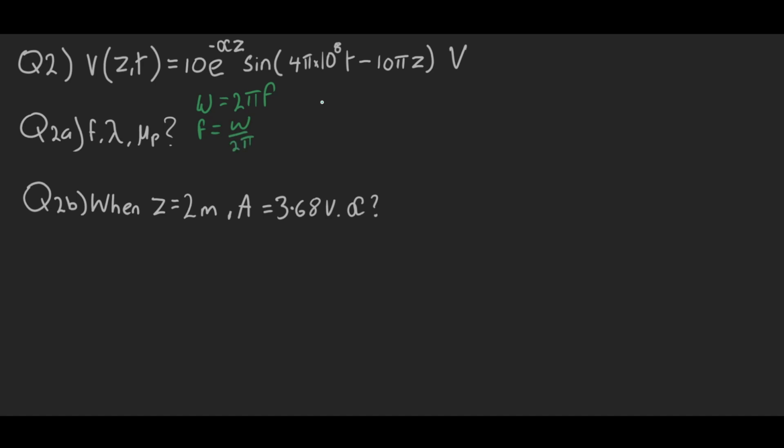So in this case, it's 4 pi times 10 to the 8, divided by 2 pi will give us 200 megahertz. That's our frequency.